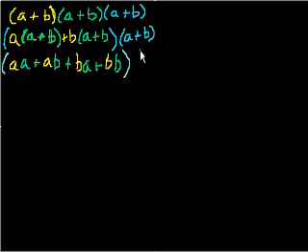all of that times a plus b. Essentially we're going to multiply a times everything, this blue a times all of this, and then plus this blue b times all of this. So let's multiply the blue a times all of this. The first term will be yellow a, green a, and then blue a.